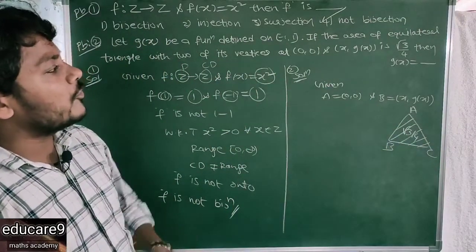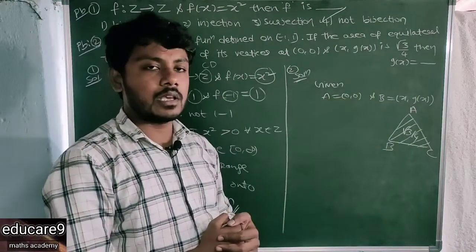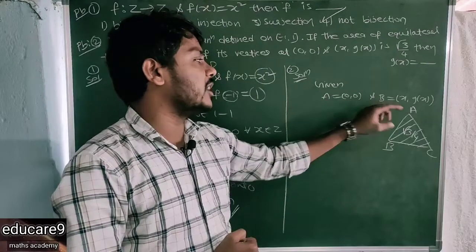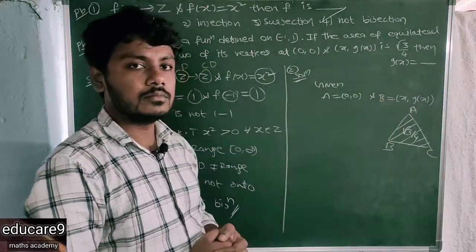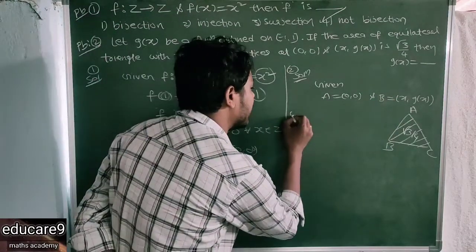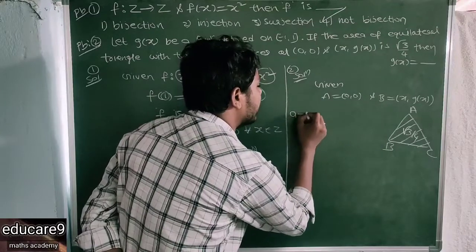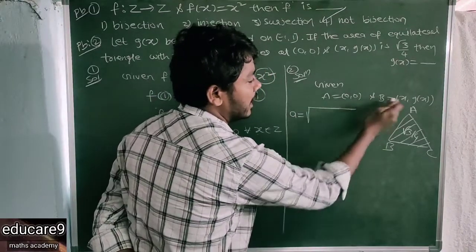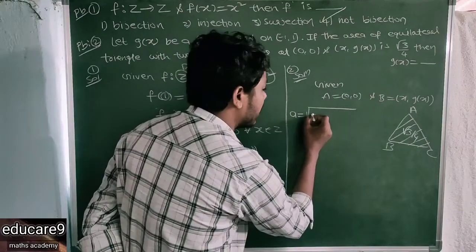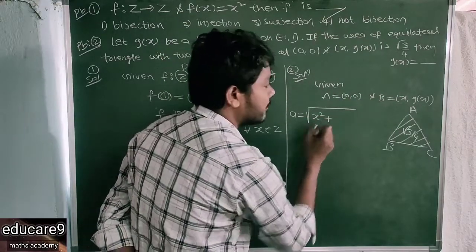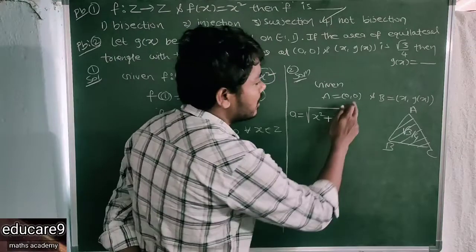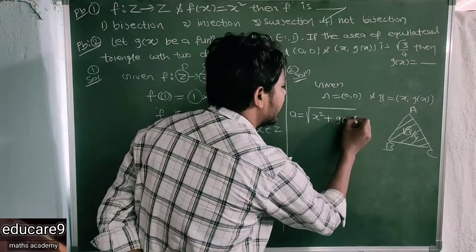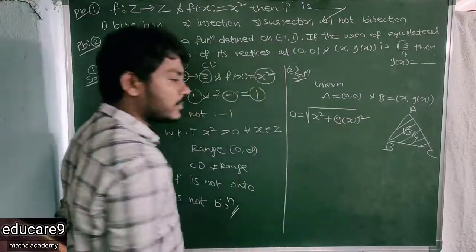Now we want to find g of x. So you know that AB is the length of the side, that is denoted by a. So how to write a? Square root of the distance between these two: x minus 0 whole square, that is x square, plus 0 minus g of x whole square, that is g of x whole square.